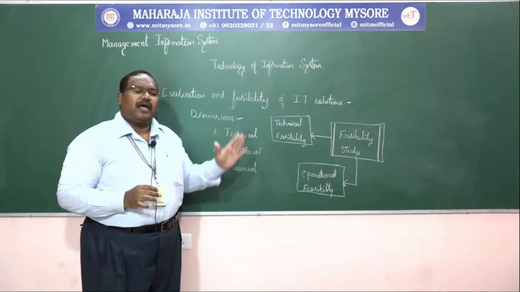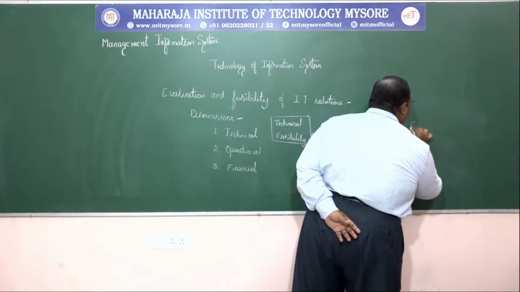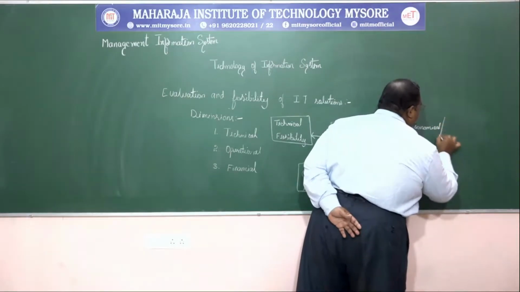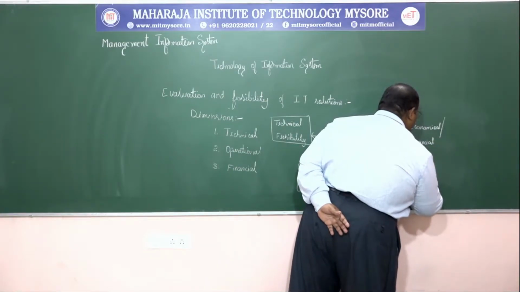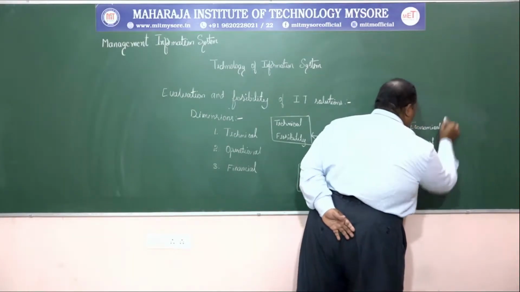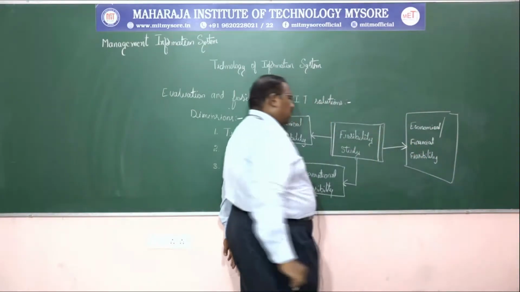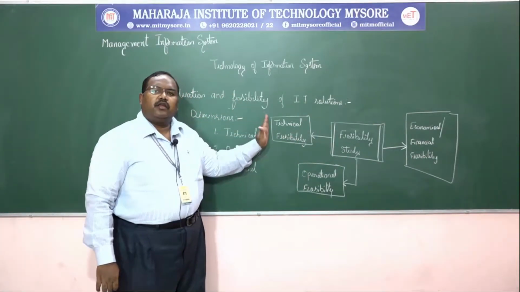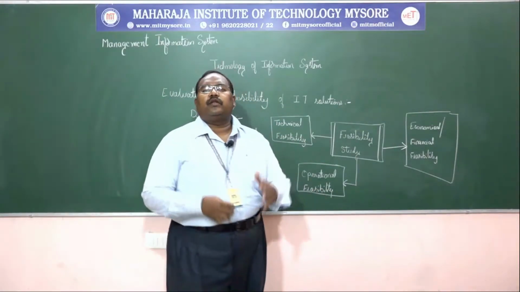And finally, we have the economical or the financial. So when we talk about the feasibility study, this diagram has to be mandatorily used, and also we talk about these three main parameters. Let us look into them one by one.